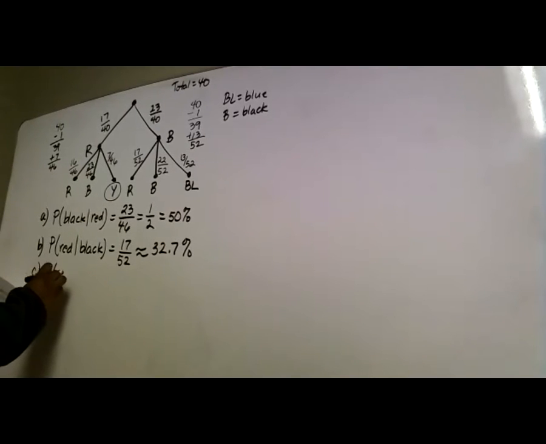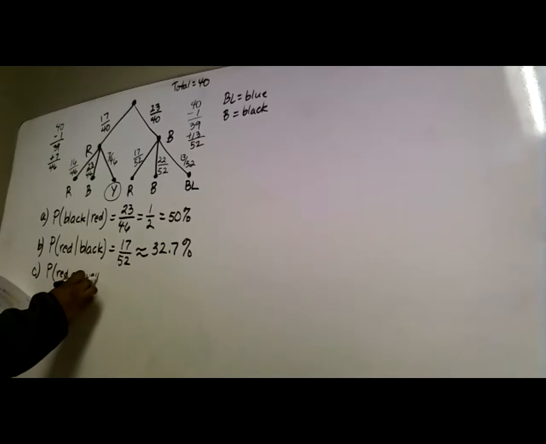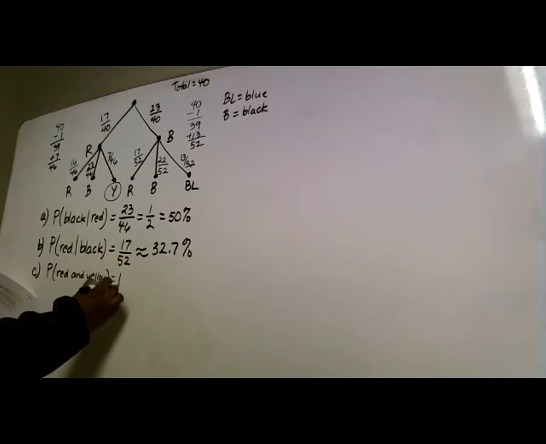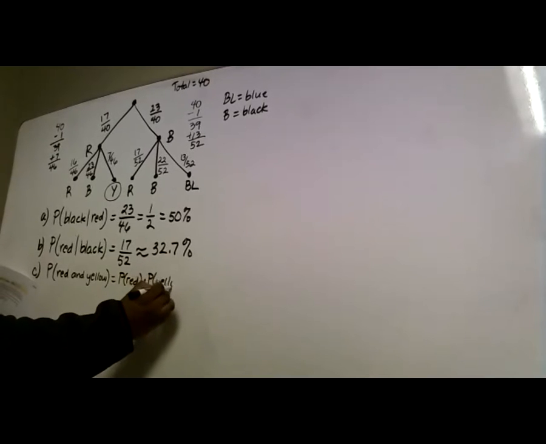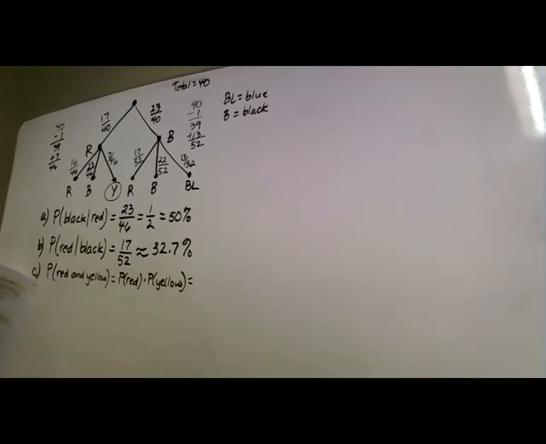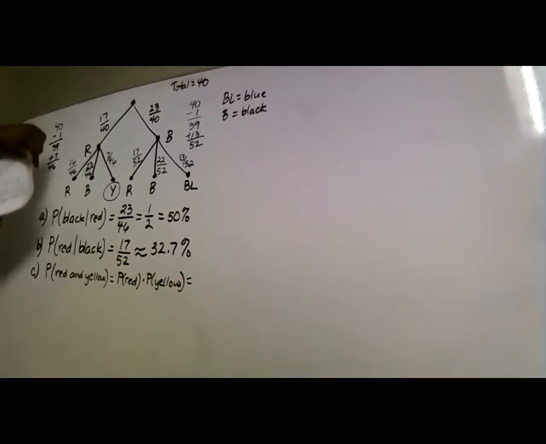So the probability of getting a red and yellow would be the probability of getting a red times the probability of getting yellow. The probability of getting a red marble was 17 out of 40.